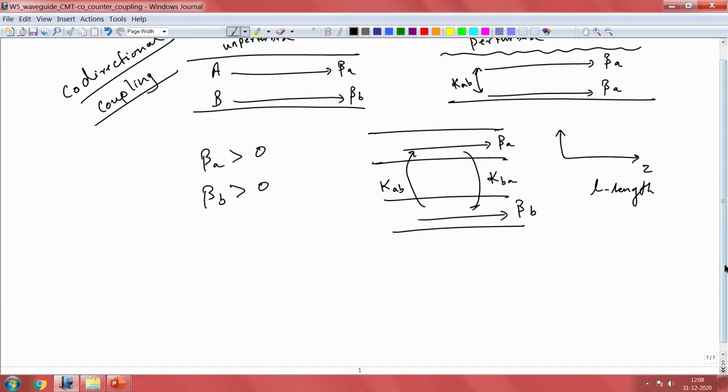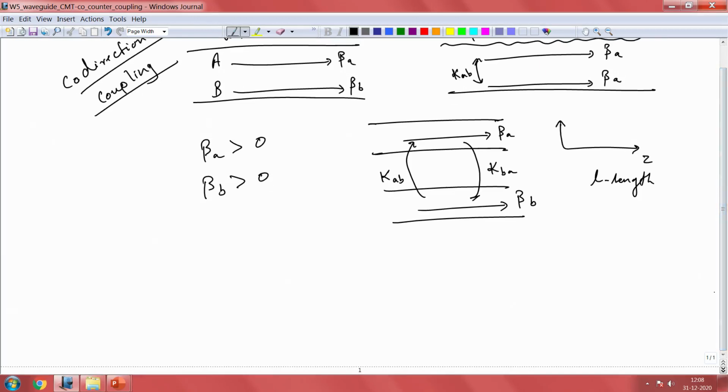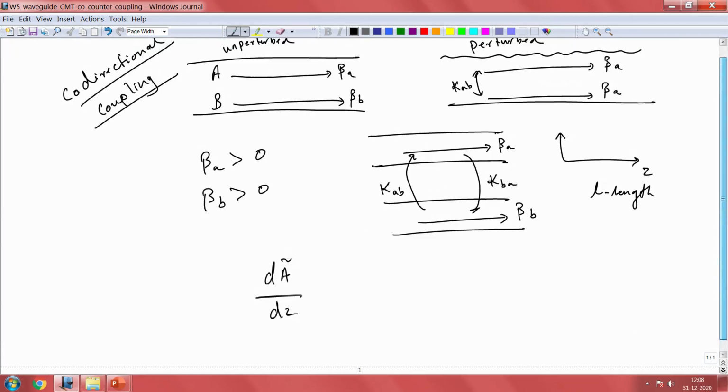If this is the case, then our coupled equation that we saw earlier, as a function of distance, A tilde here is nothing but how A, right. You can start with A here, and as it propagates through the system. Let me take this as an example.